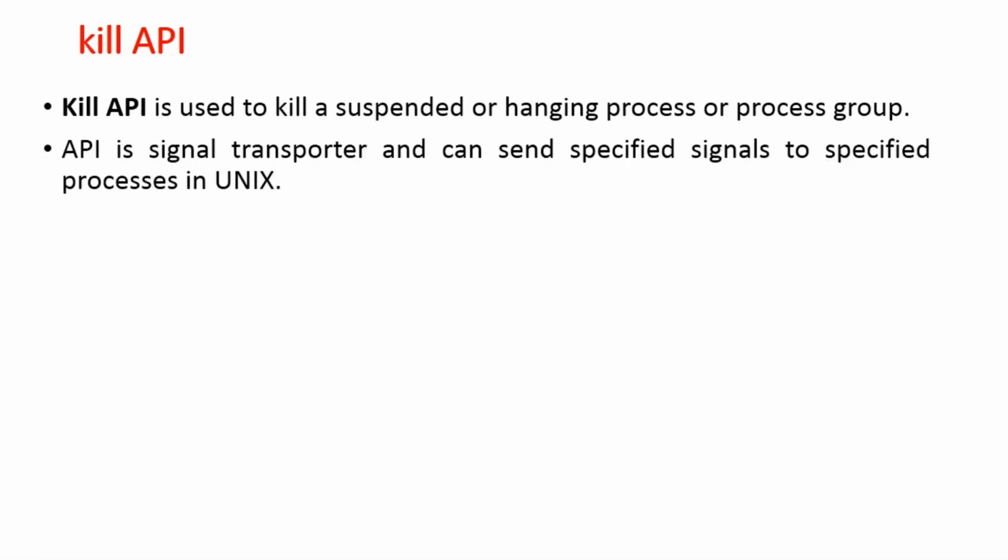The API is a signal transporter and can send specified signals to specified processes in Unix. So the kill API is used as a signal transporter, so it can send a signal to a particular process.